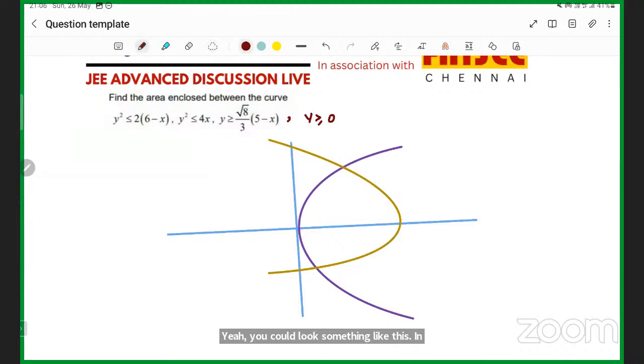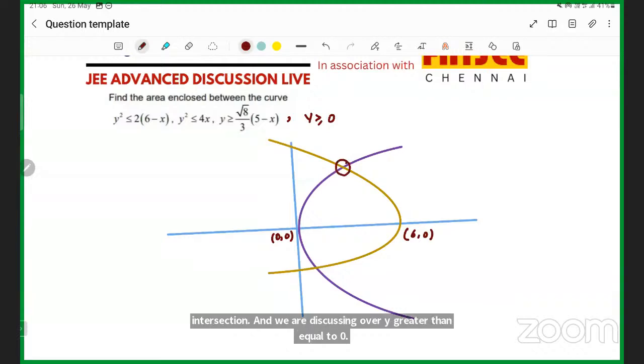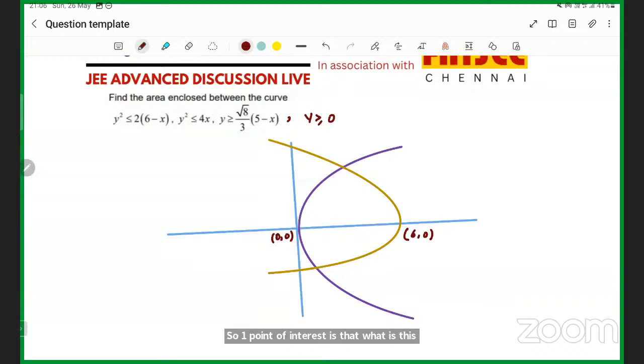So let's list down the points. We know how to find the vertex of a parabola, so this is going to be (6, 0), and this, which is very well known, is going to be (0, 0). Now clearly we can see that we have got some intersection, and we are discussing y greater than or equal to 0. One point of interest is the coordinate of the intersection, so let's figure out the x and y coordinates.